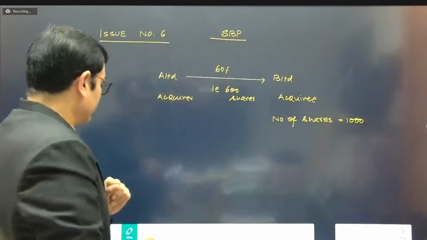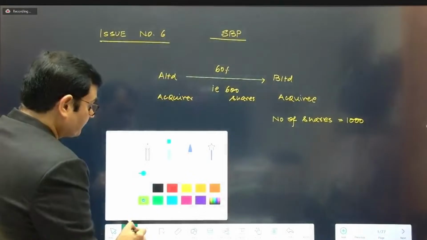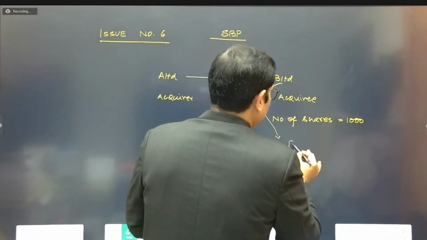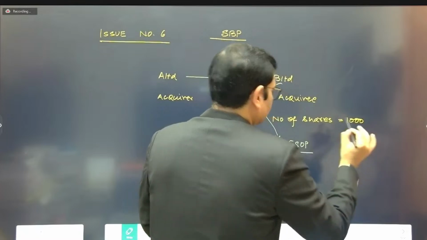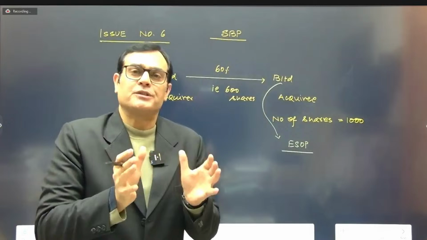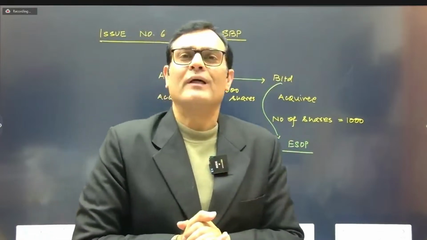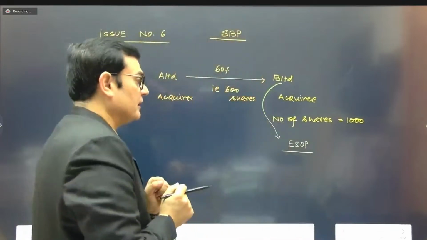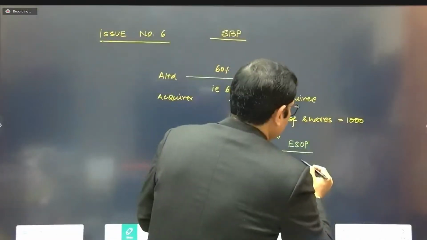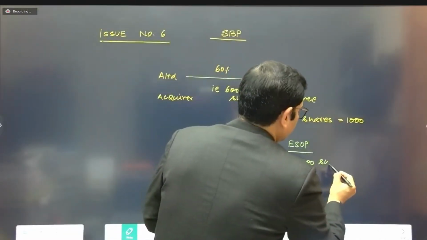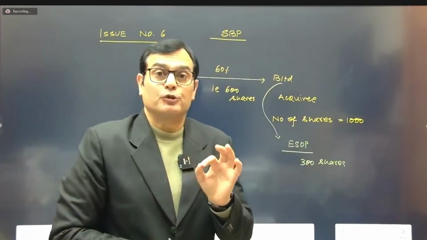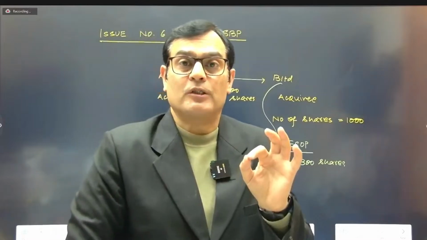Now, another addition to these facts. Let us say B Limited has also issued certain ESOPs, the employee stock option plans. Once these ESOPs are exercised, B Limited would end up issuing another 300 shares to the employees of B Limited.